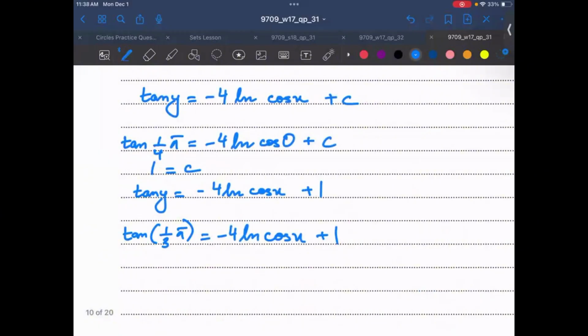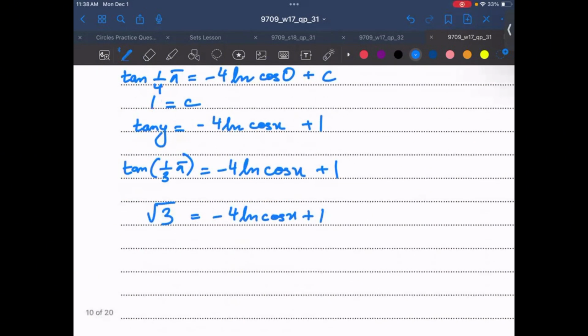Now tan of 1/3 π, if we substitute this in the calculator, we'll have to make sure our calculator is in radian mode, and then tan of π divided by 3. We'll get 1.73, which is equals to root 3. So root 3 is equals to minus 4 ln of cos x plus 1.